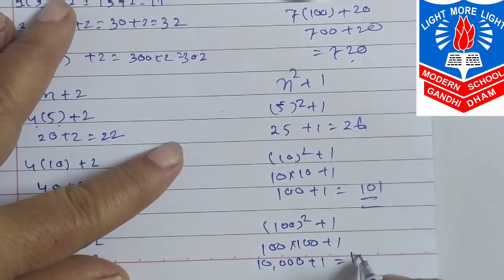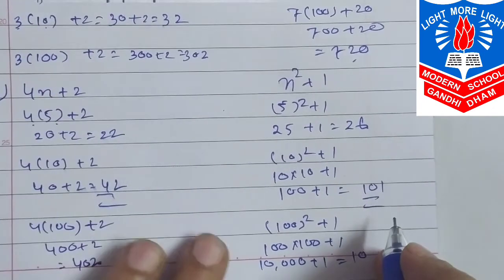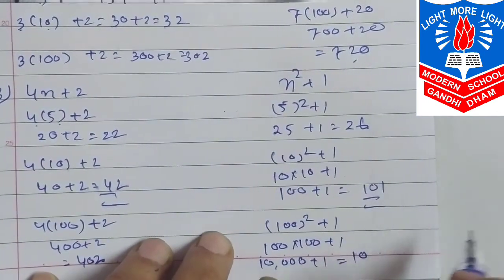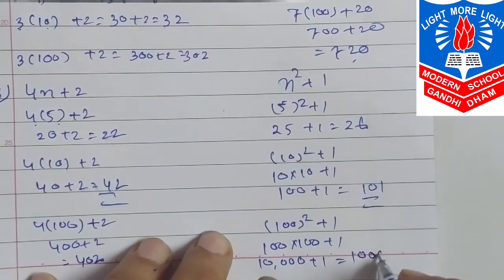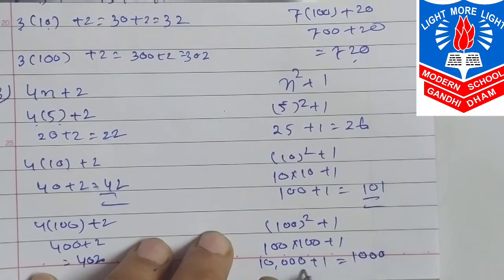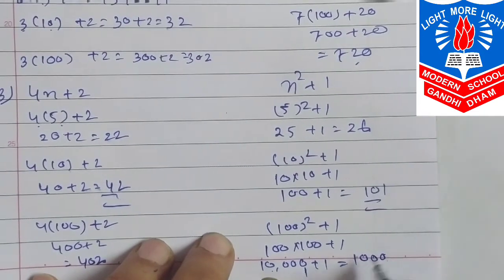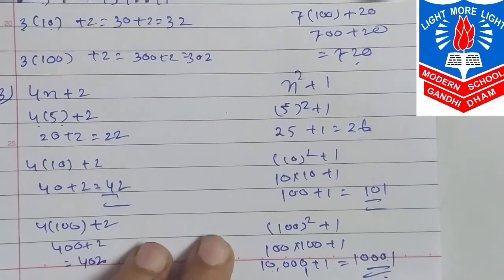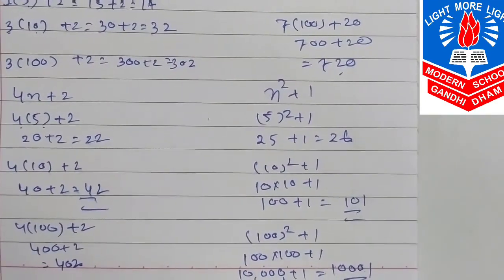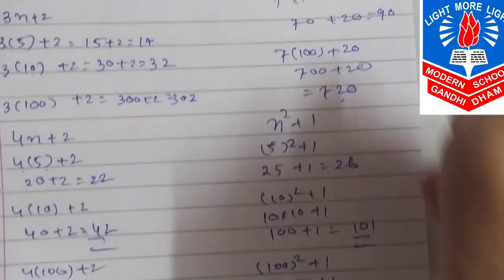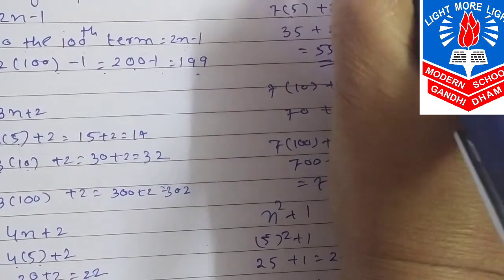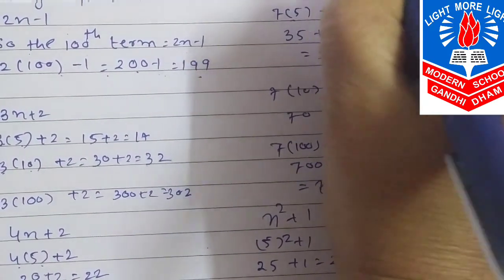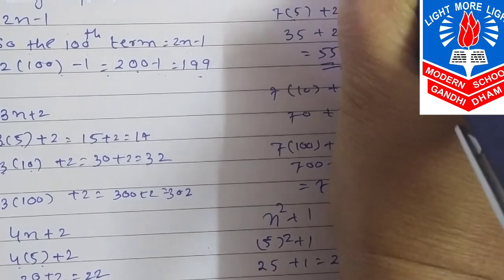So 10,001, that is our answer. Yes, 10,001 is already given here, so we don't need to find it. But I found it here to explain how it came.